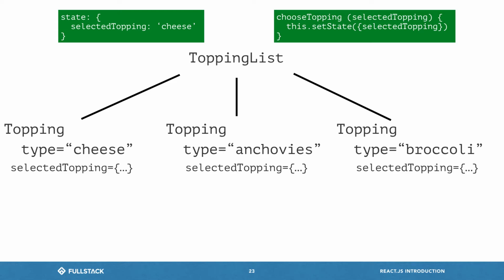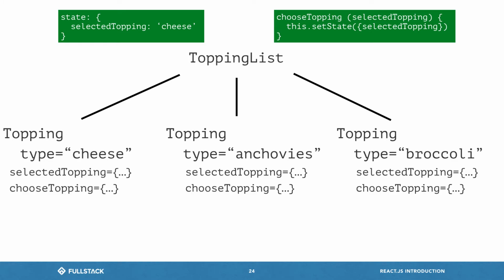How do we want to let topping affect the state of there? I already told y'all that we can only have data go in a single direction, unidirectional. But we still need a way for, if I click on one of these toppings, a way to update the state of topping list.